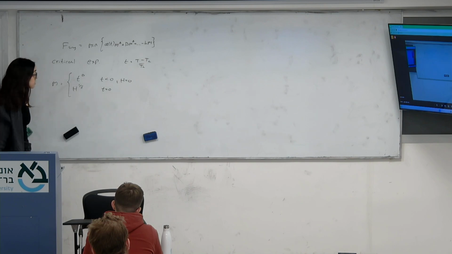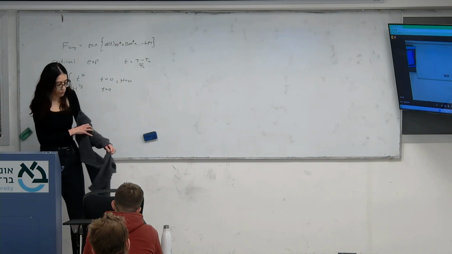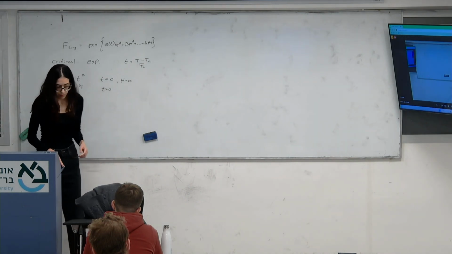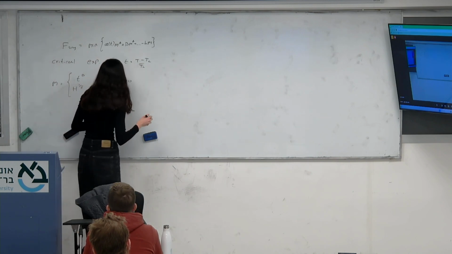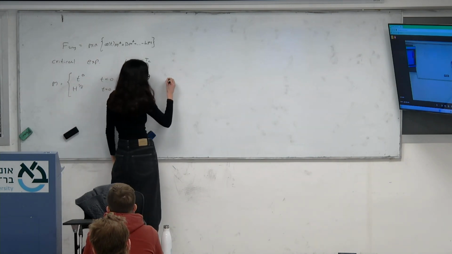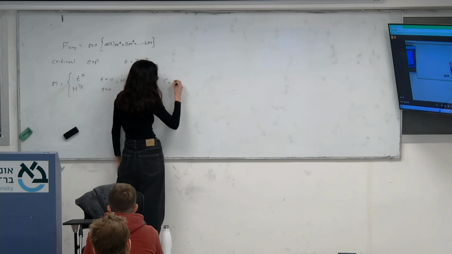So the second type of exponent relates to the divergence. We had one, which is the specific heat.